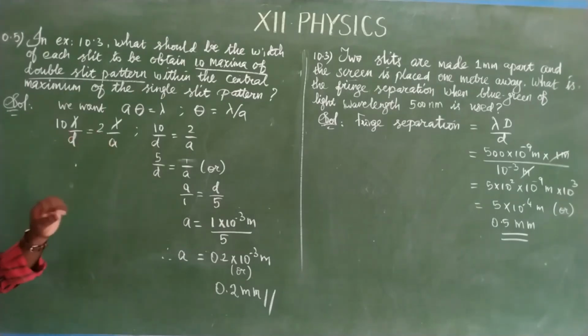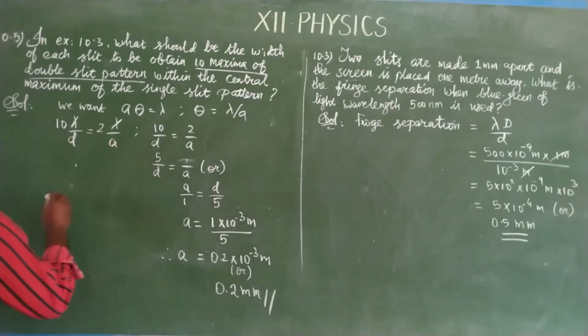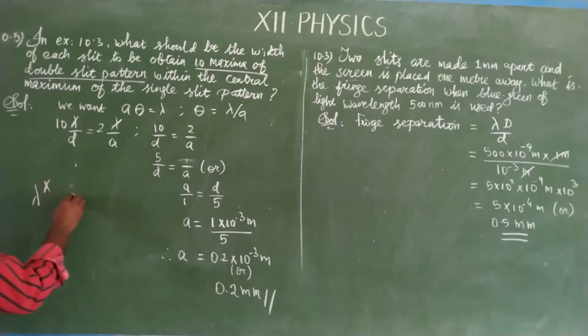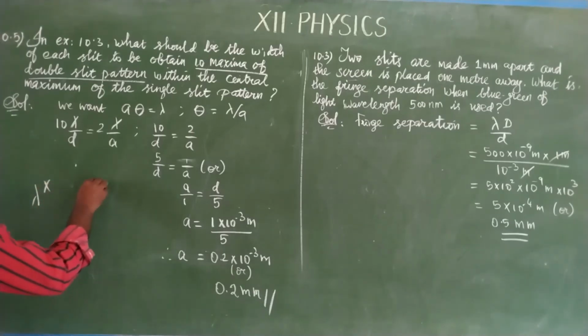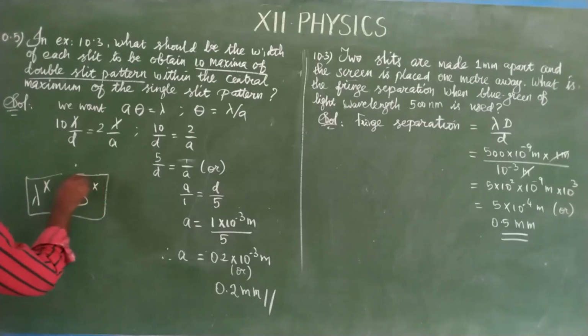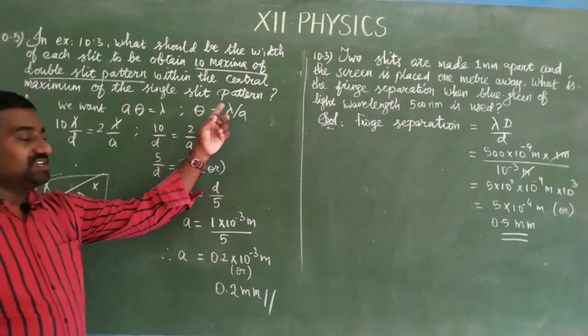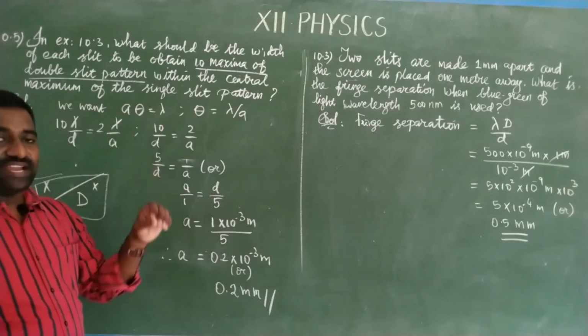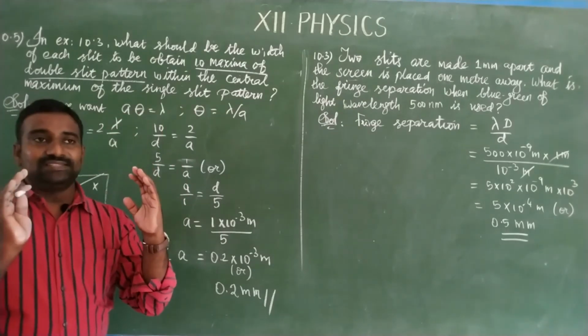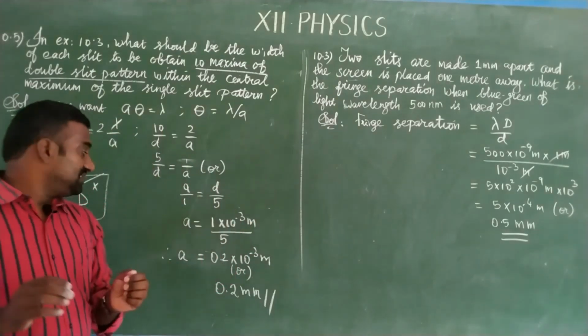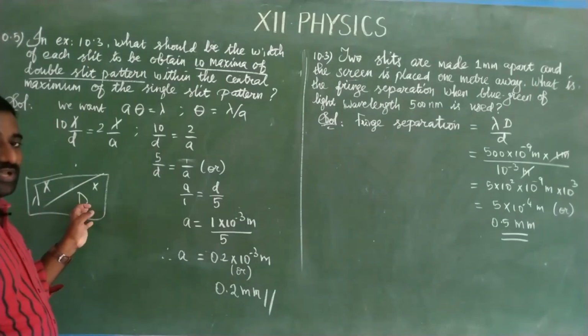In this case, we did not include the value of the wavelength or the distance between the slit and the screen, so those values are not needed.